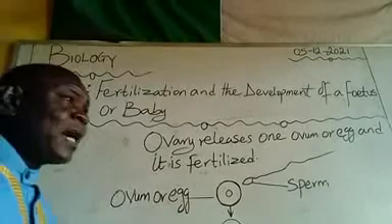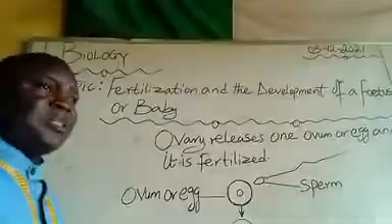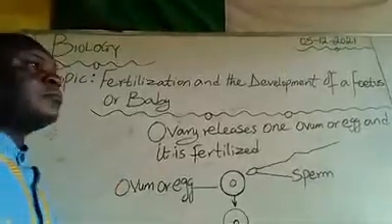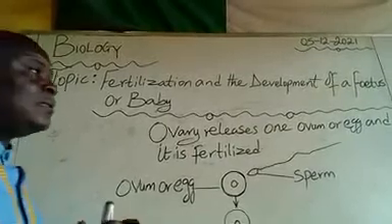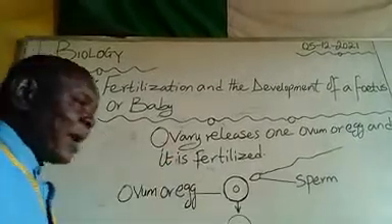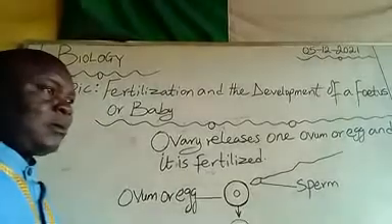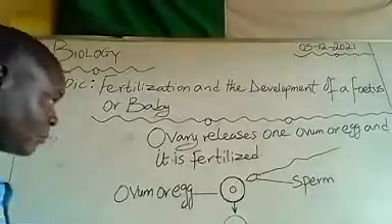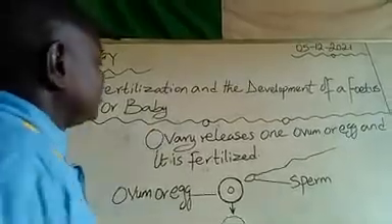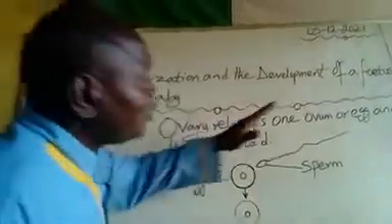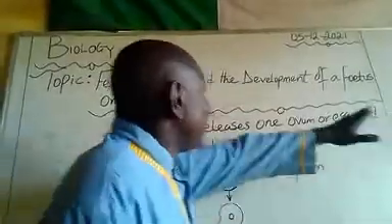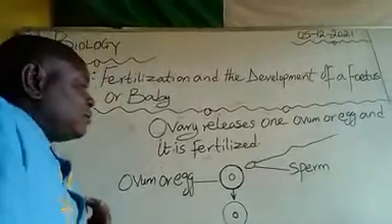I have drawn the diagram in the first place. Right now, I am going to explain the labeled parts one after the other. Ovary releases one ovum or egg and it is fertilized.